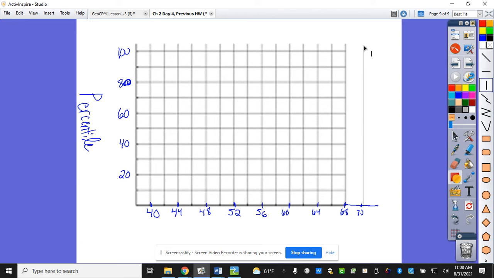Alright, so my first dot we know is going to be a percentile of what? Where is the first percentile that I'm going to put up here? 4.55. At what point have I accumulated 4.55%?